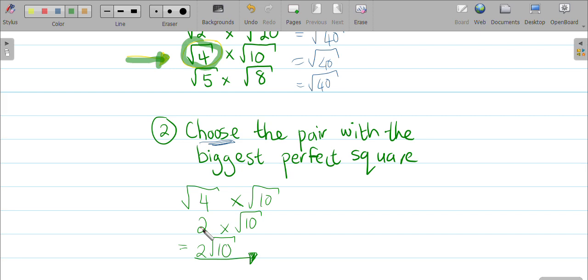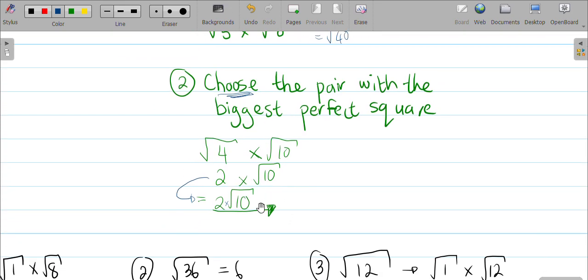So the square root of 4 is 2. So therefore, we can write 2 times the square root of 10, and then importantly to note, this can be written as simply 2 root 10. There's an imaginary multiplication sign over there. All right, so that is how we simplify.